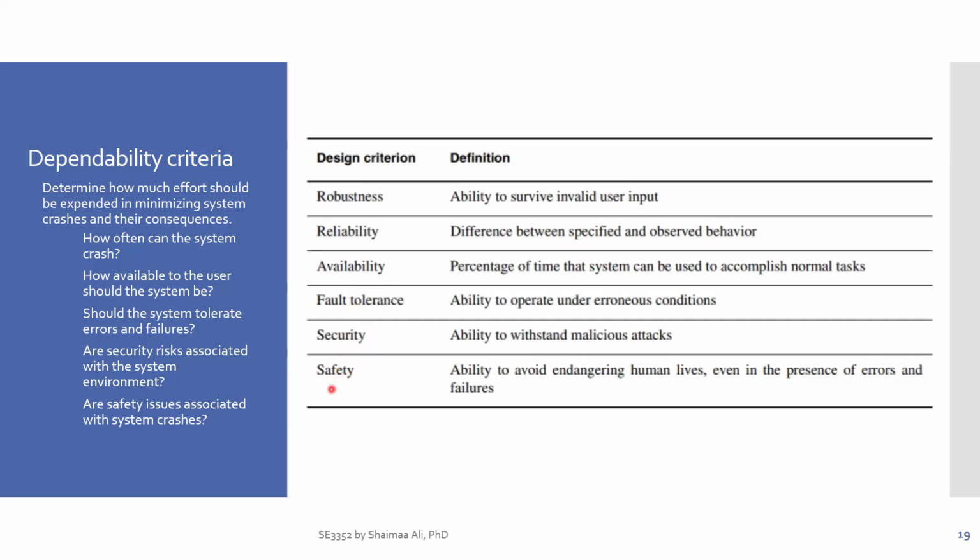If we're talking about self-driving cars, the security part is how you can have your system defend against hacking into that car. Now for safety, the design goal is to make sure the system does not put the people inside the car in harm's way.